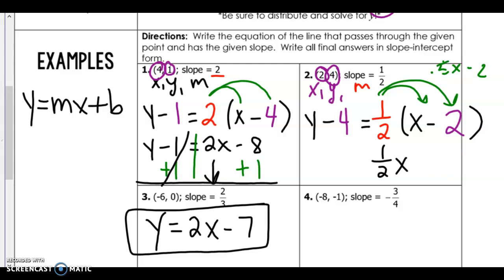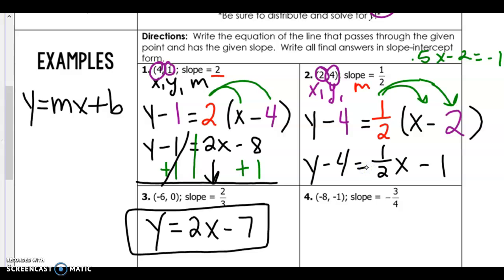If you do 0.5 times -2, you should get -1, and that's what I plugged in on the bottom. On the other side, y minus 4 just stays the same.